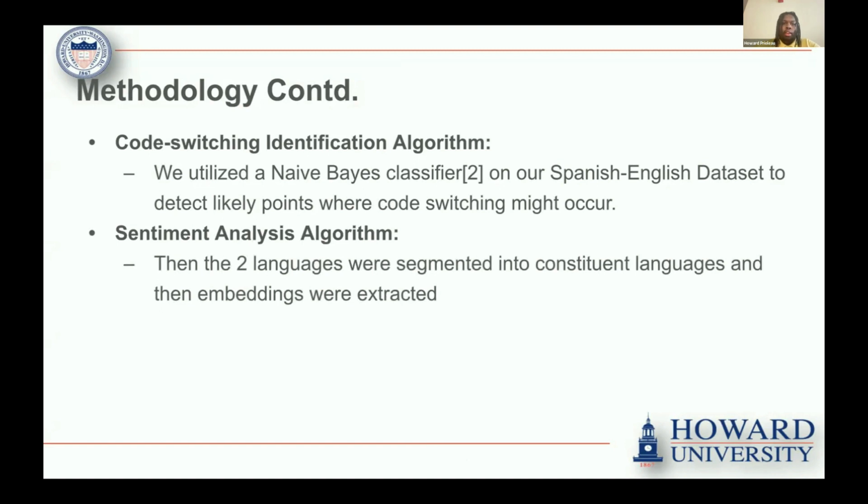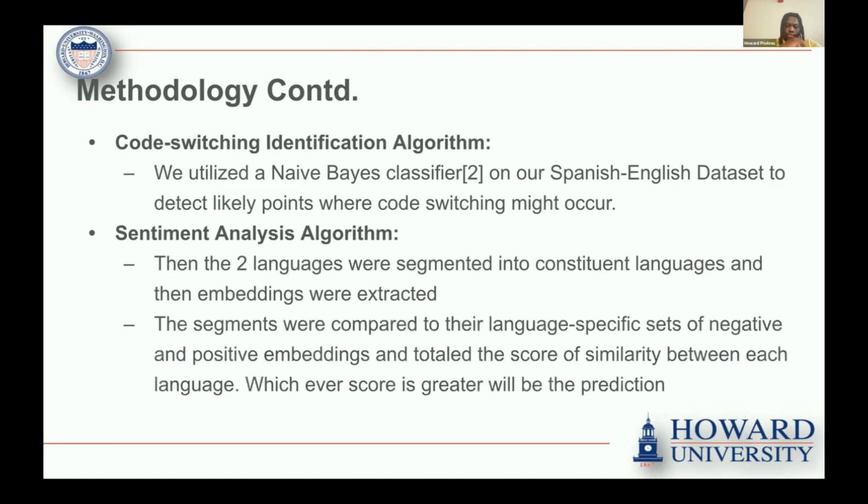For our Spanish English language pair example, we would try to predict where the language would switch from English to Spanish and then Spanish to English. And we use that to be able to separate and segment the languages.